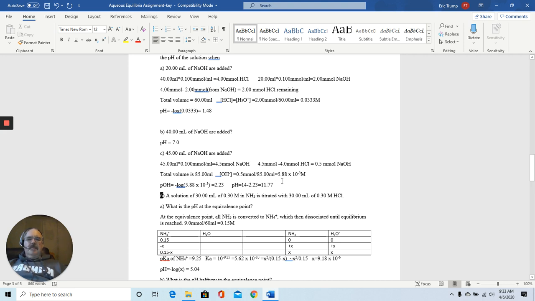And that gives us a concentration of hydroxide of 5.88 times 10 to the minus third molar. If we take minus the log of that, that's the pOH. 14 minus the pOH is the pH. So 11.77. This should be a number greater than 7 since it is a solution that involves an excess of OH.